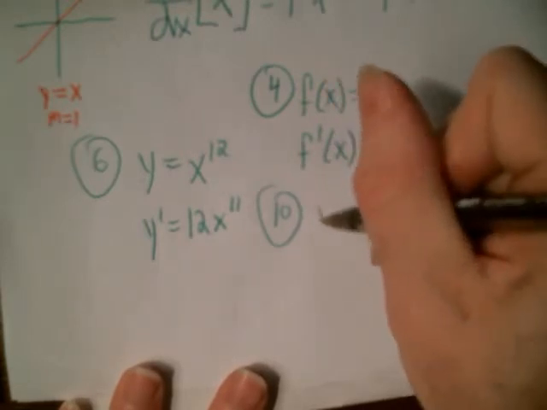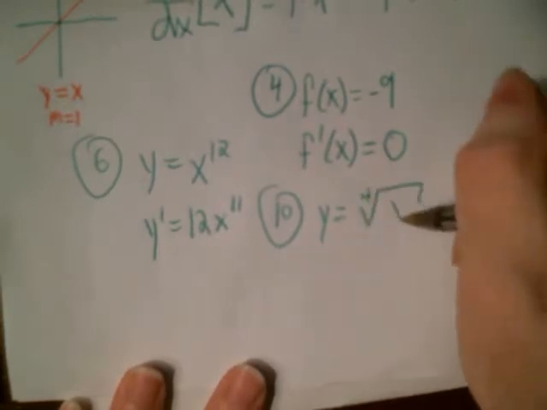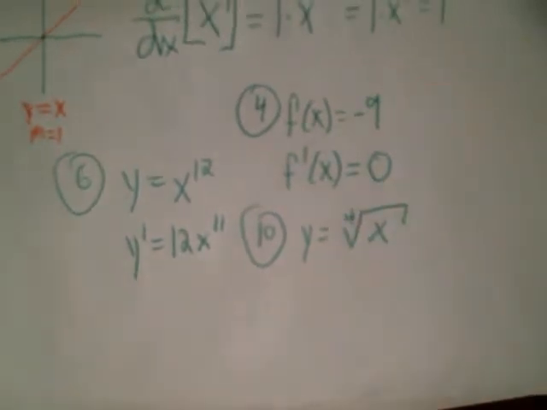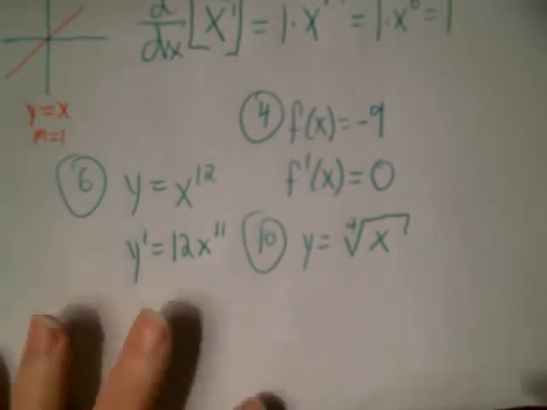Oh, here's a more interesting one. You look at this and hey, you want to get in the habit of converting all radicals into exponents. That's the best way to go. After a while, it's like, why do we even bother with roots and stuff like that?